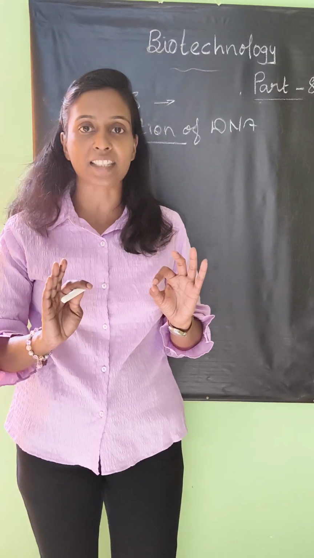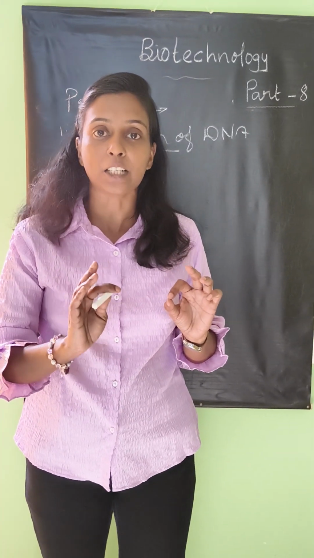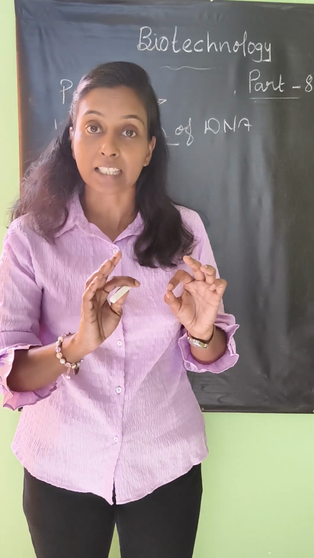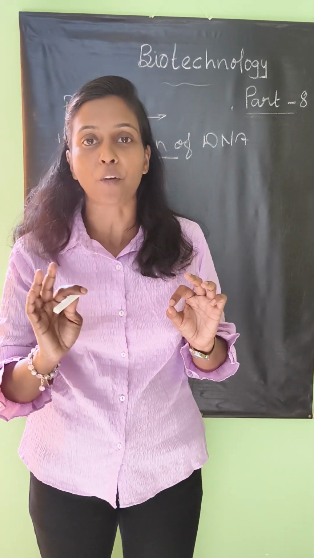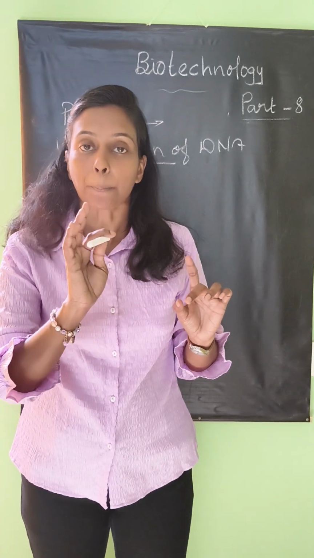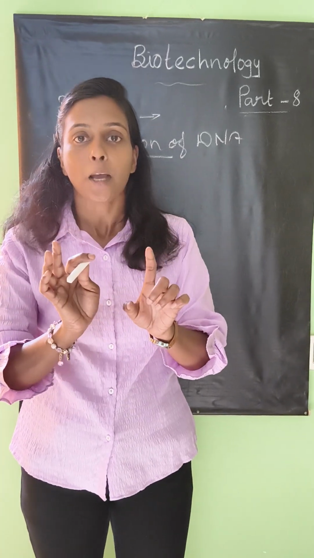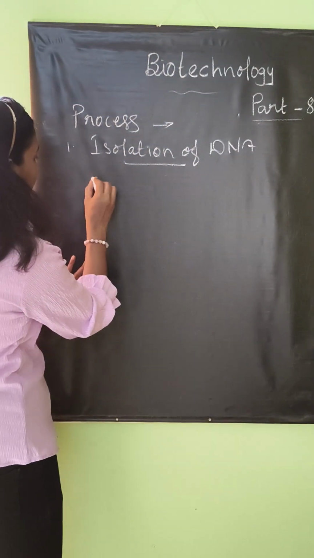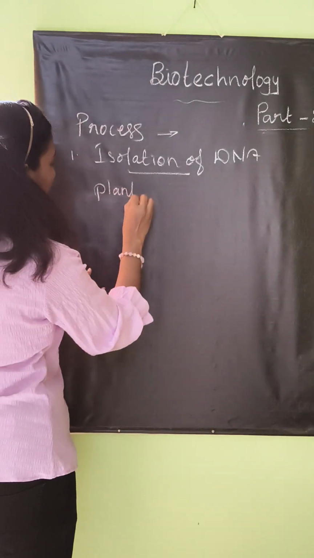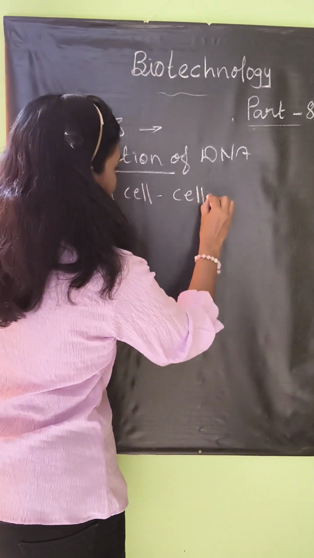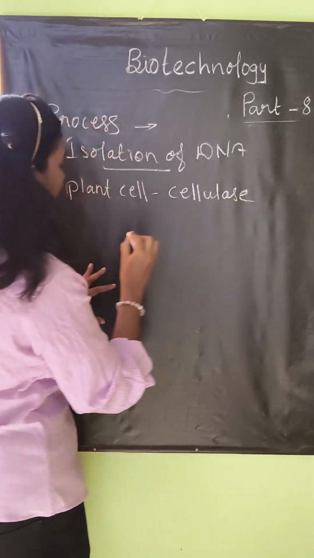First of all, the plant cell is covered by a cell wall, and the fungal cell is also covered by a cell wall, which is made up of chitin. Plant cell wall is digested by cellulase.